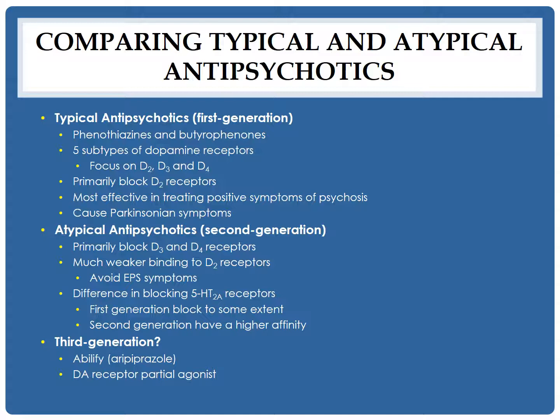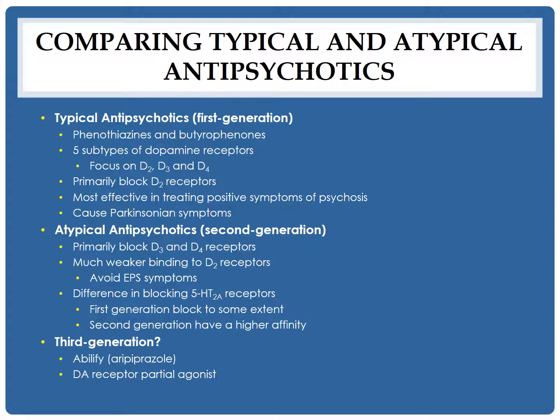There's also a difference in how these medications interact with serotonin receptors, specifically the 5-HT2A subtype. The first generation blocks these to some extent, but the second generation have a much higher affinity. Again, you can see this in figure 12-2, this time on the right side. Now it's a comparison of the ratio: the dissociation constant at the D2 receptor divided by the dissociation constant at the serotonin 2A receptor.